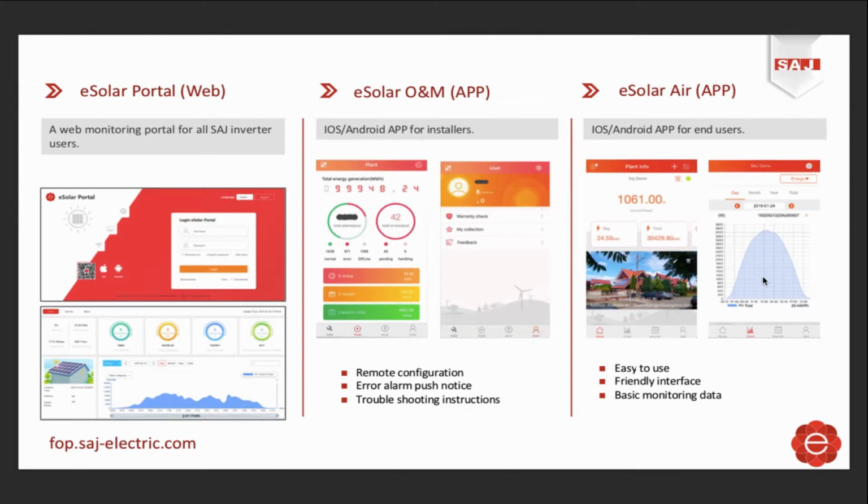They don't try to learn a lot about the electrical side, like the voltage, frequency, those kinds of things. So we like to develop the eSolar Air, make it simple and beautiful, so the end user finds it easy to use the app.